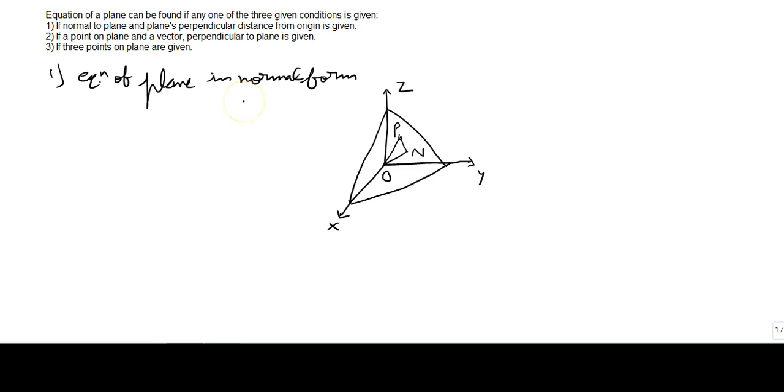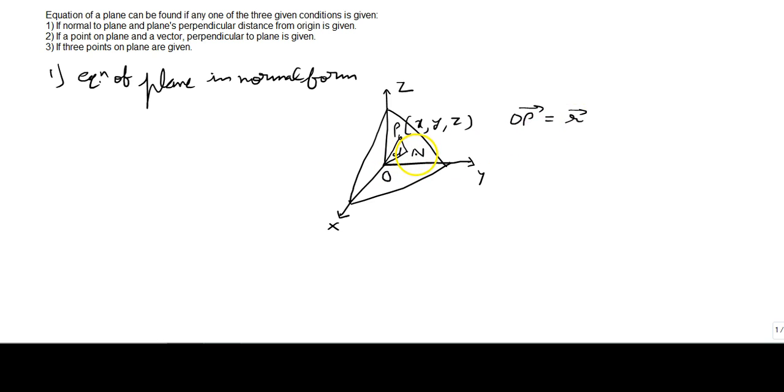As I mentioned, there is a vector normal to a plane. So this ON is normal to the plane and this is the distance D, and OP has coordinates x, y and z, any point in the plane, and this OP can be represented by R vector.